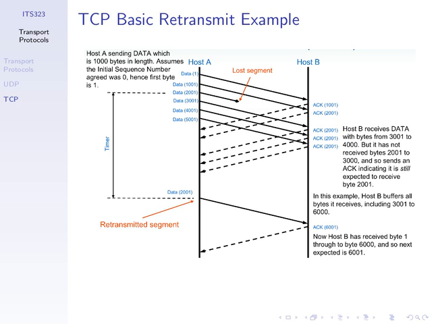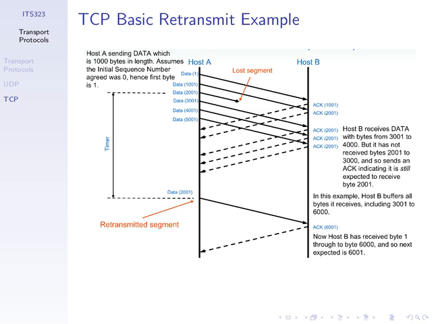It's received something out of order. So it buffers that, puts it in memory, and sends back an ACK saying, I'm still expecting to receive 2001. And the same happens with the last segment. So with TCP, the receiver needs some buffer space to store these segments, 3000 bytes in this case. B sends back ACKs, and then B has sent those 3 ACKs and is waiting for more data to be received.